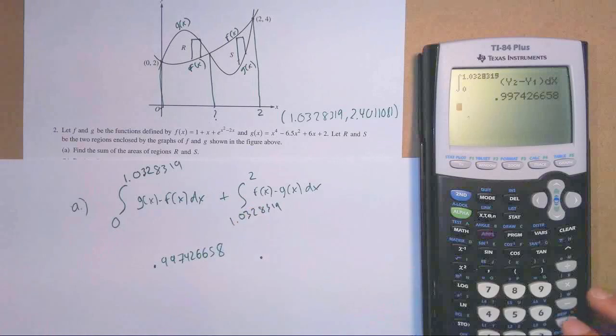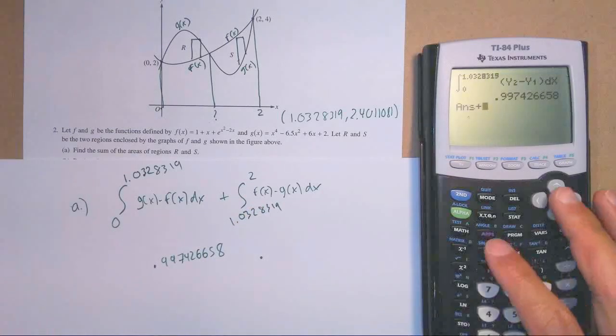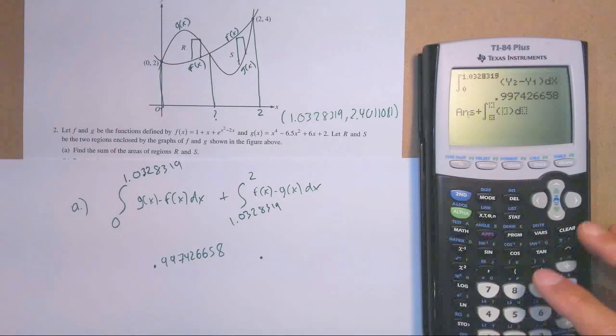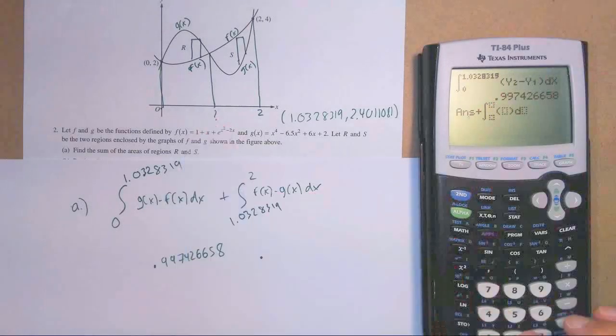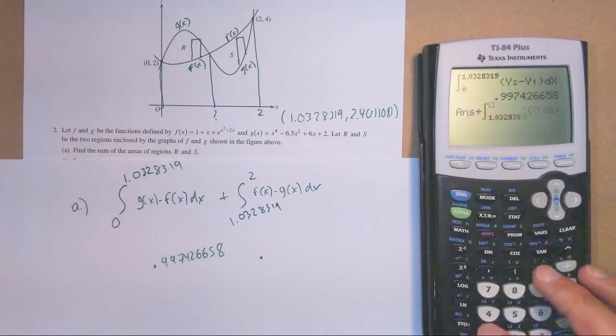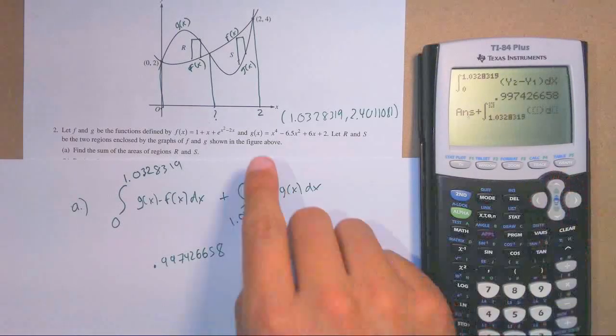So you could press plus integral again. Number 9, you're going to go from now 1.0328319. Just make sure you plug it in correctly. All the way to our end bound, which is 2.